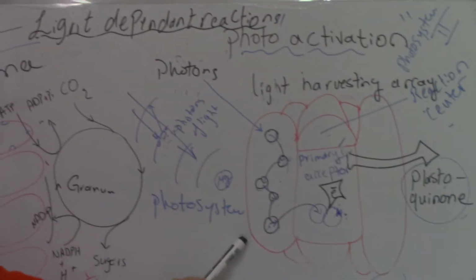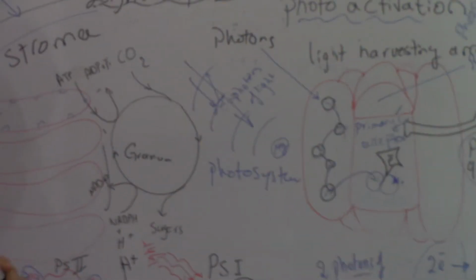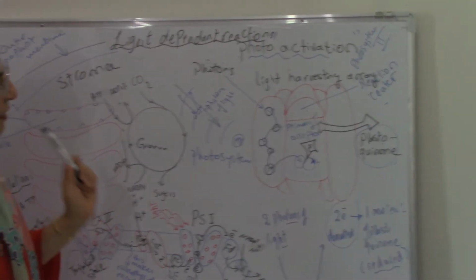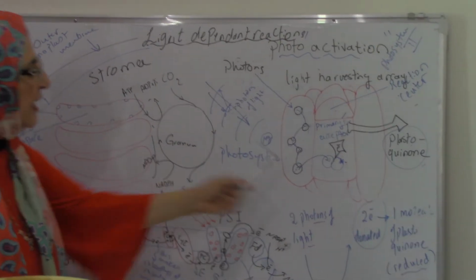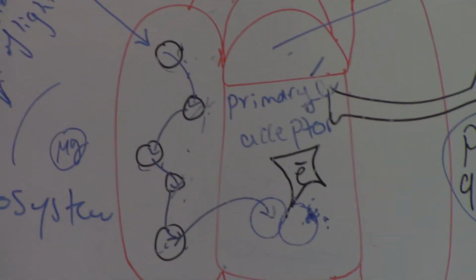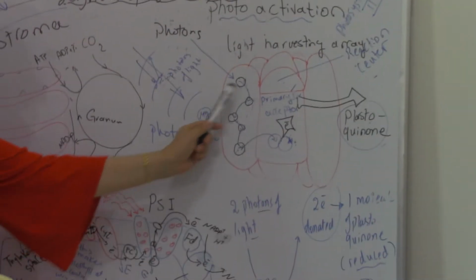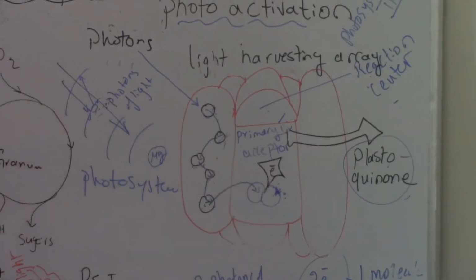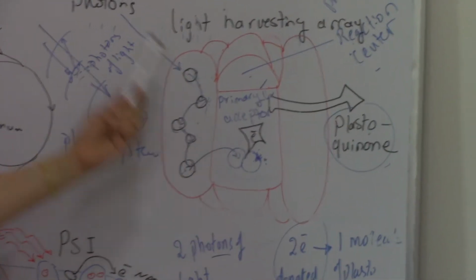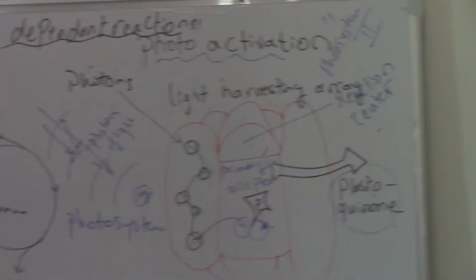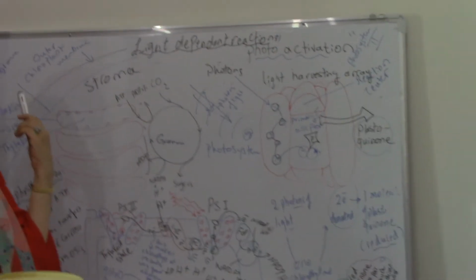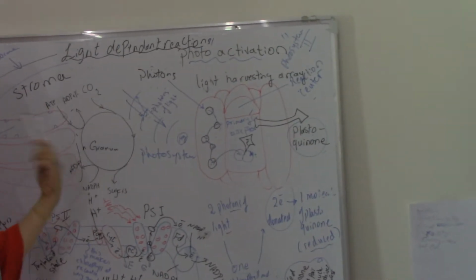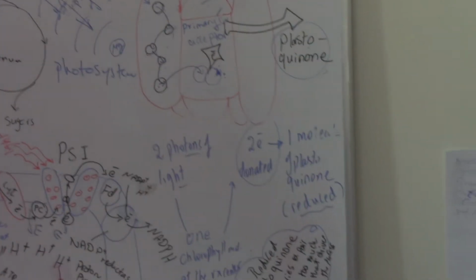Not any of those chlorophyll molecules can donate their electrons, but only the chlorophyll molecules in the reaction center. Those can donate their electrons, and we call them electron donors. They donate their electrons to a molecule found in the reaction center. We call it plastoquinone. When the molecule accepts the electron, we say that it's reduced, so it will be a reduced plastoquinone.